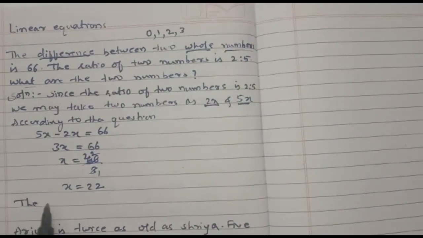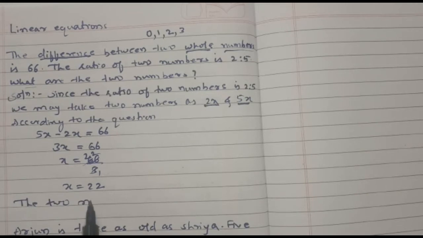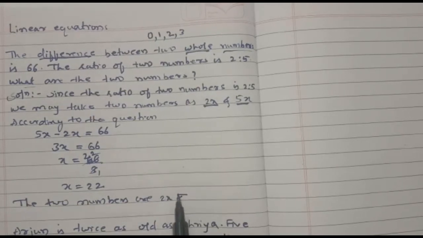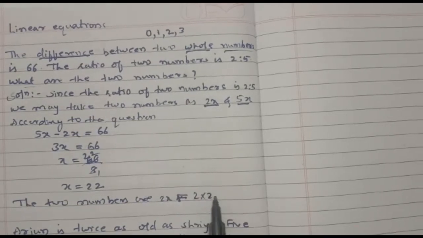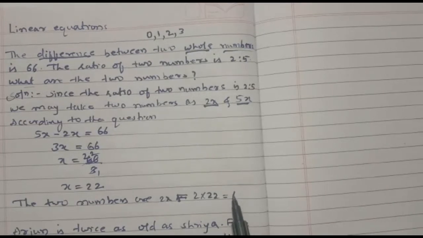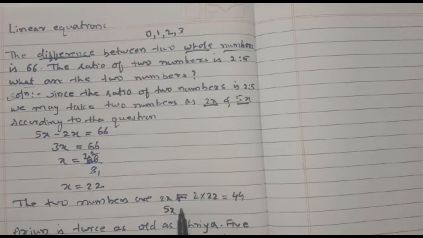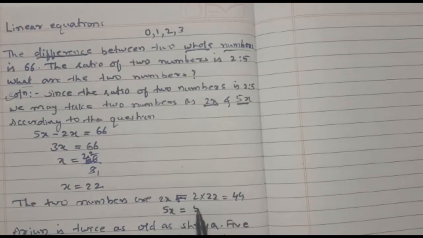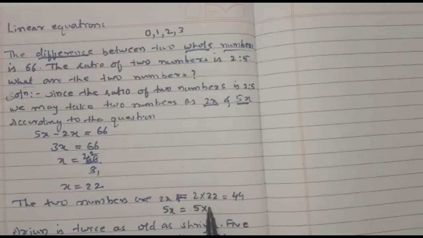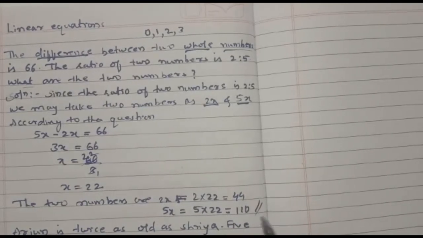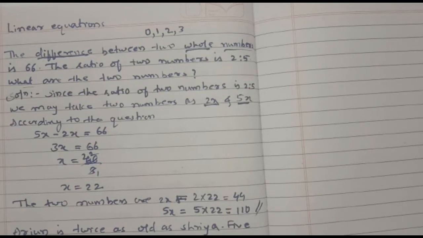So the two numbers are 2x equal to 2 into 22 is equal to 44. This is one number. And another number, 5x, is equal to 5 into 22, equal to 110. The two numbers are 44 and 110, students.